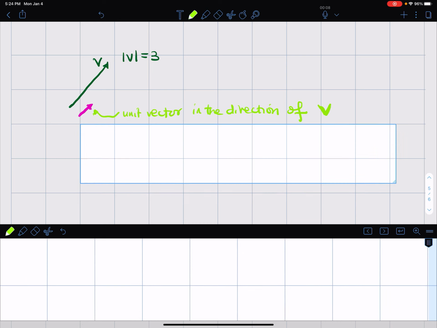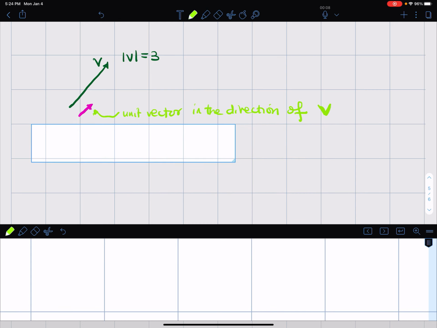It's very important because now if we know this unit vector in the direction of v, we can get vectors of other length in the direction of v by just multiplying this unit vector by the required length. All right? So how do we find the unit vector in the direction of a vector?